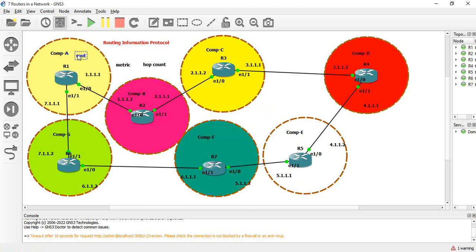So in version one you should write router rip, and then you should write network, and write the connected networks. One network, and another one is which network? Seven network.